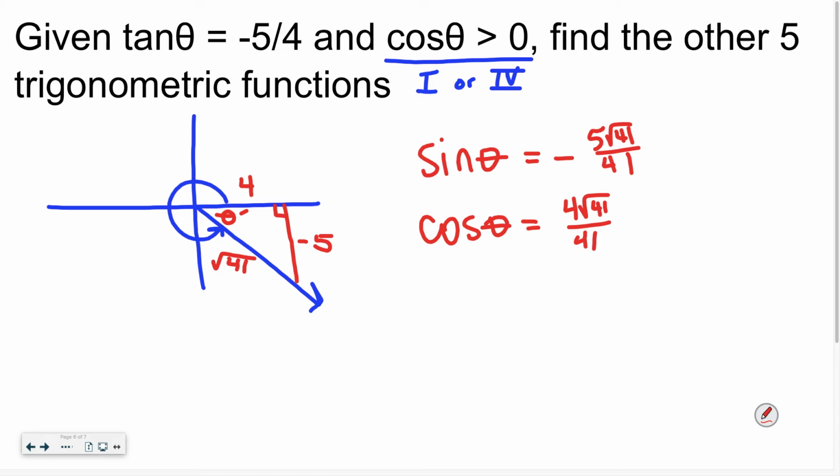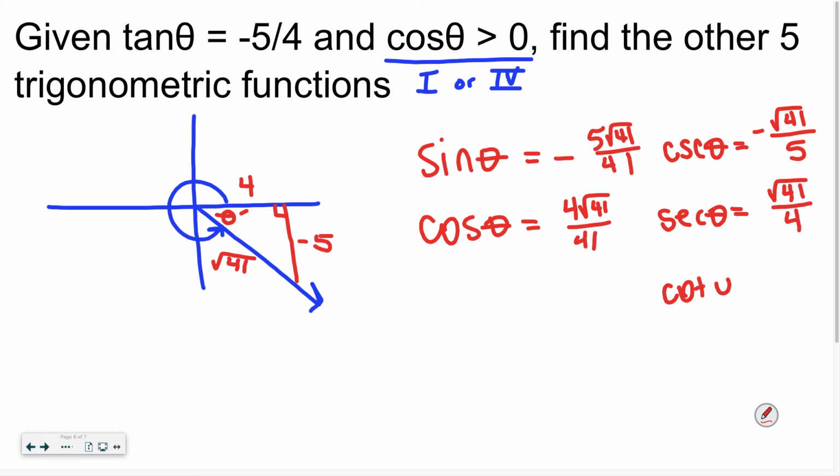They've already given us tangent, and so then if we want the cosecant ratio, we would take the reciprocal of sine. If we want the secant ratio, we would take the reciprocal of cosine. And then the cotangent ratio, we would take the reciprocal of tangent.